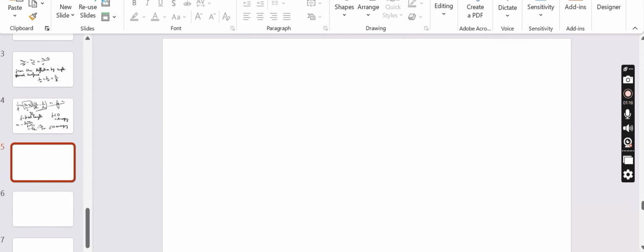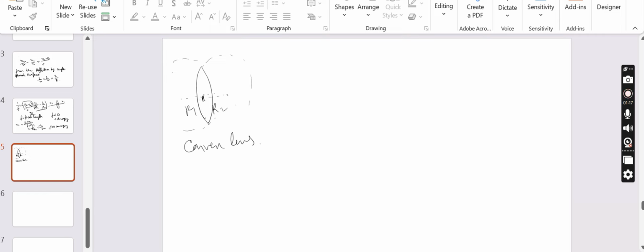Another thing is the lenses. This is called a biconvex lens. For a biconvex lens, if this is R1 and this is R2, I made a slight mistake. This is R1 and this is R2.